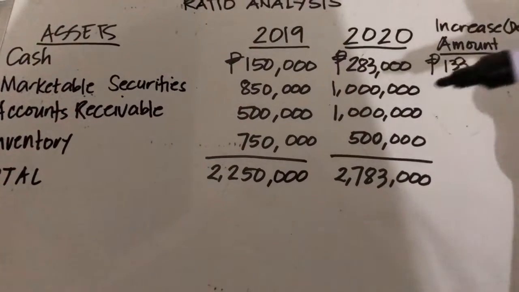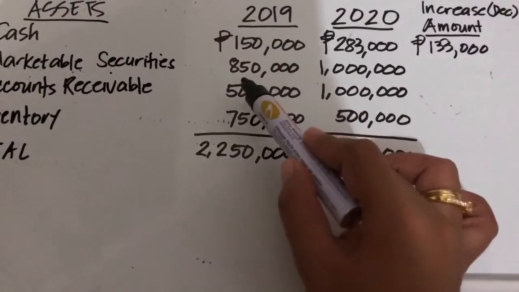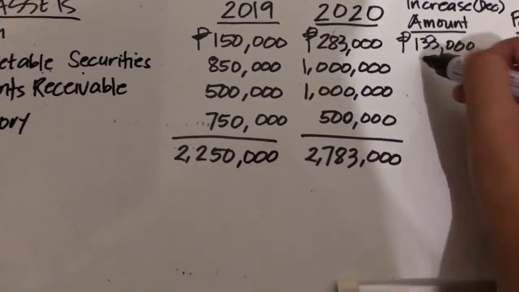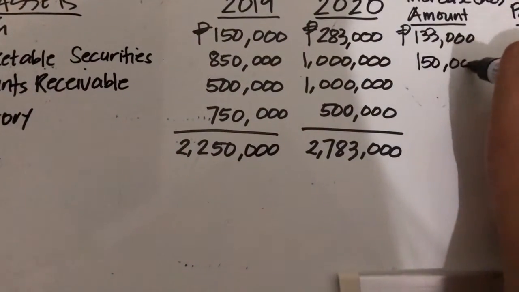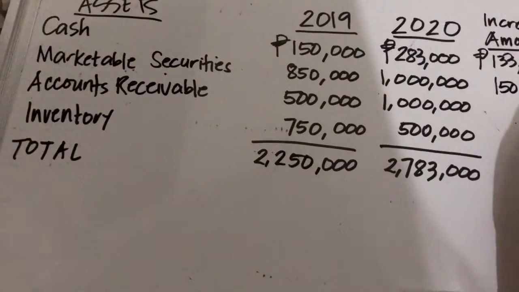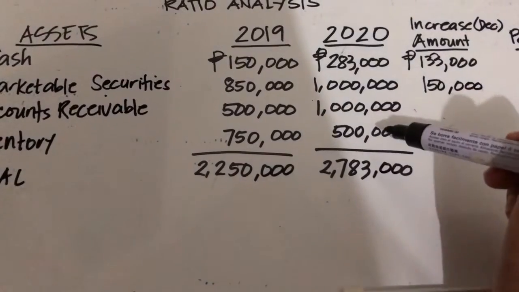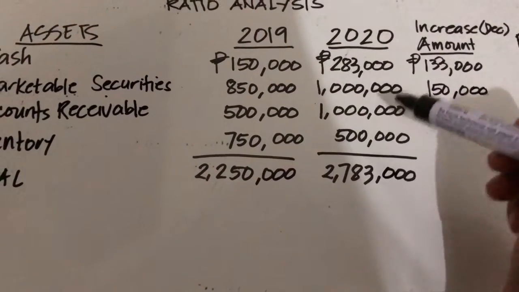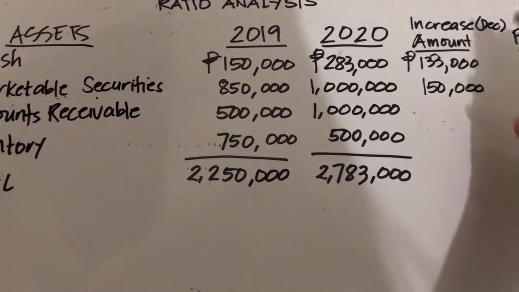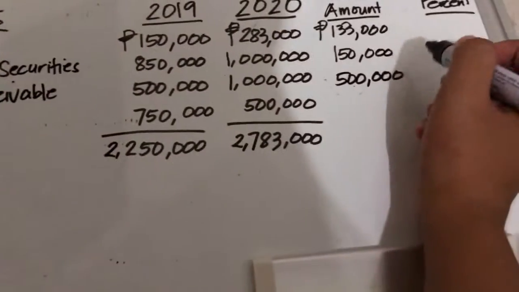So, let's move on sa marketable securities. So, sa marketable securities, if you're going to subtract 850 from 1 million, ilan ang maiiwan? That is 150,000. And then, sa accounts receivable, meron tayong 500,000 sa 2019 and 1 million sa 2020. So, if you're going to subtract 1 million minus 500,000, that is 500,000 yung maiiwan. Tama?